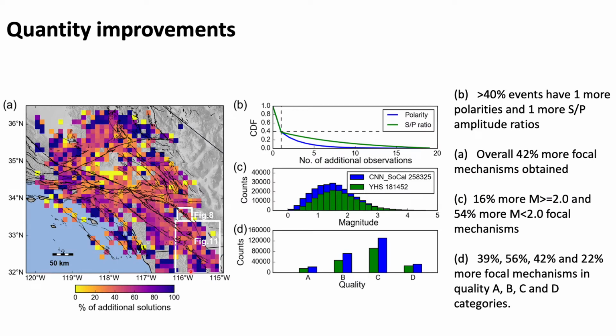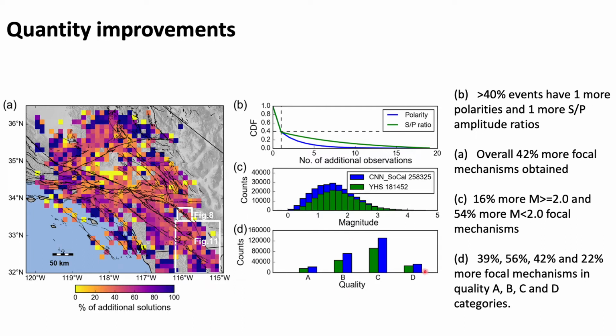We applied the improved procedure to all catalog events from 1981 to 2019. More than 40% of the events have at least one additional S/P amplitude ratio and one additional P-wave polarity, leading to 42% more focal mechanisms than the standard catalog.